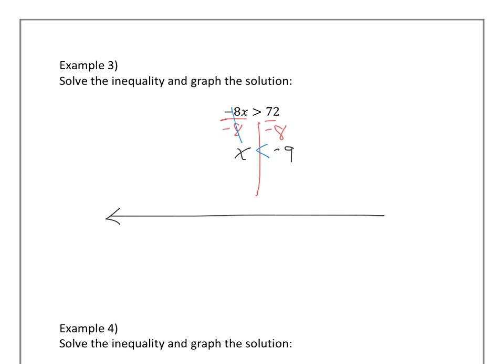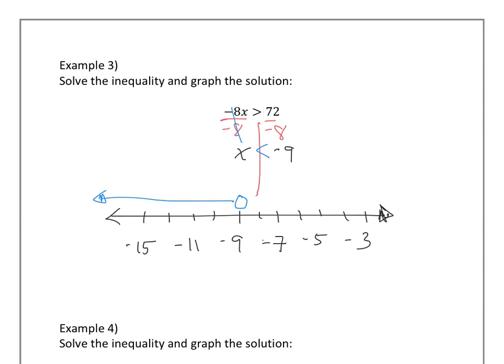So if I were to graph that, and then we're going to check it, here's -9 as my boundary point. I would have an open circle at -9, x is less than, so an arrow going to the left.